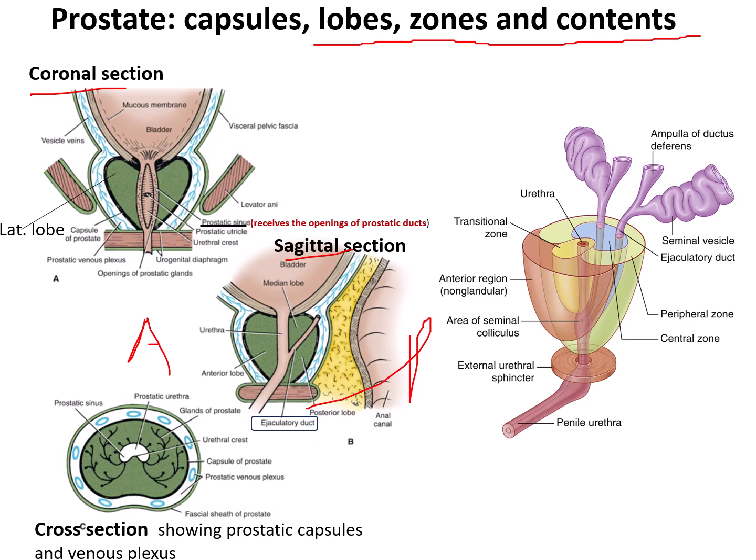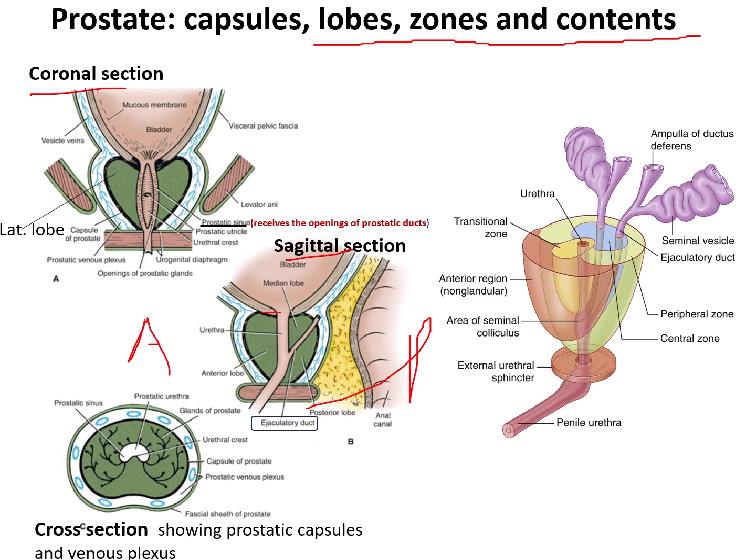So the prostate is conical in shape, has a base above surrounding the neck of the bladder, and has an apex down here, closely related to the deep perineal pouch, or above the deep perineal pouch.